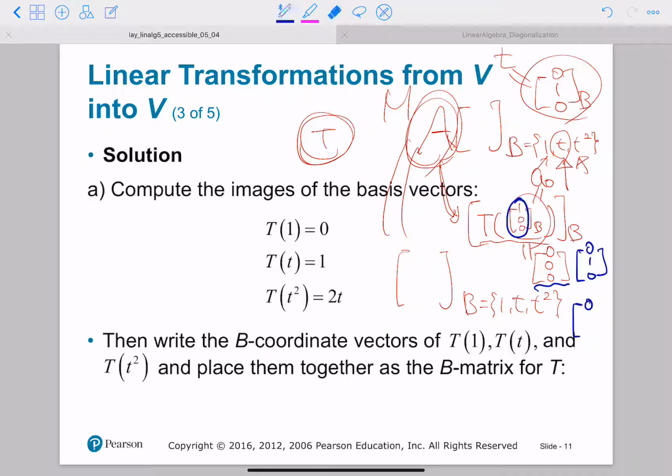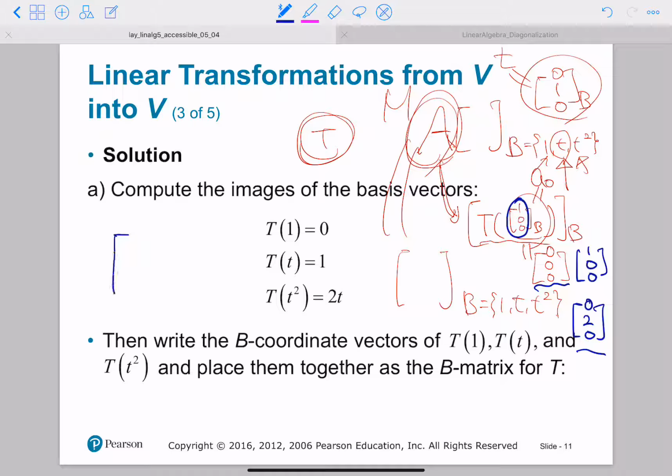Oh, sorry, I made a mistake here. 1, 0, 0. Great. Right? 0, 2, 0. Right? Because over here we have an output of 2t. And so with respect to the basis of 1, t, and t squared, the linear combination coefficients of 2t are 0, 2, 0.